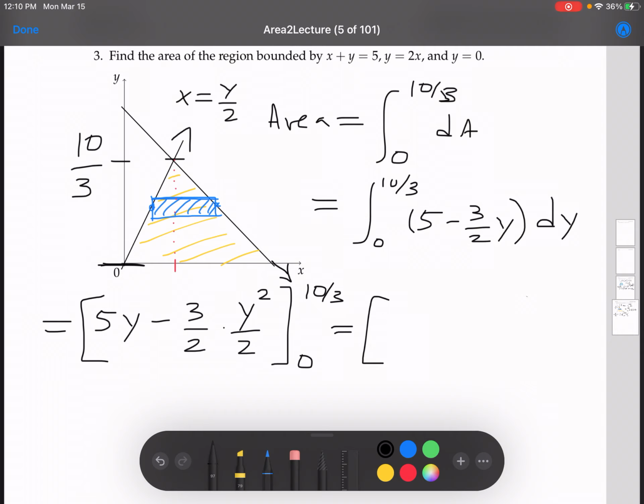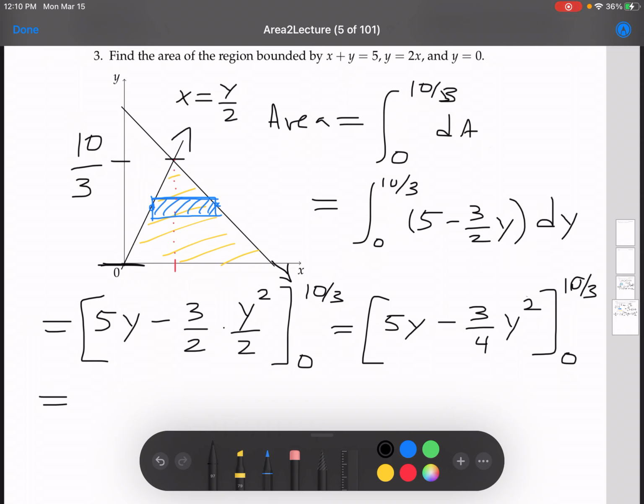Simplifying a little bit inside these brackets, I'll write this as 5y minus 3/4 y squared, evaluated from 0 to 10/3.